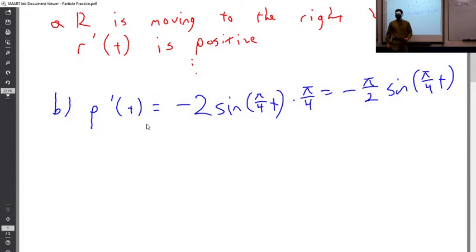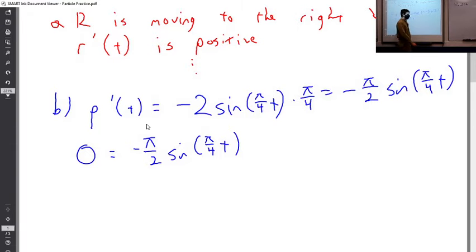All right, to start off our sign chart, we need to figure out where this is 0. So we need to determine what angle sine is 0 at.